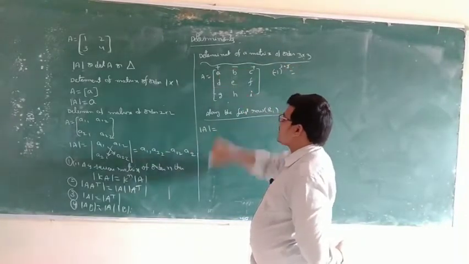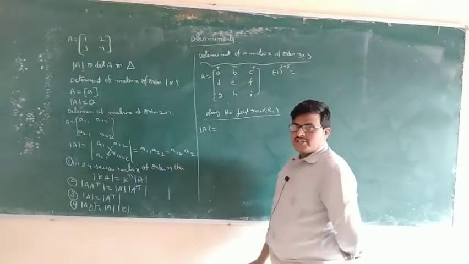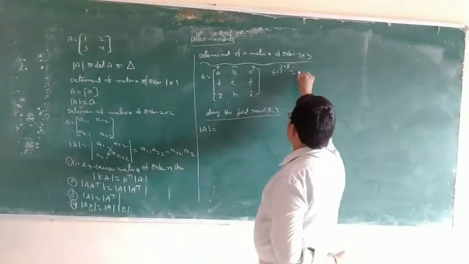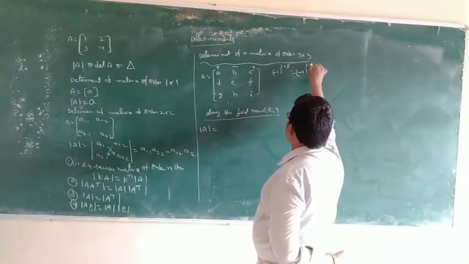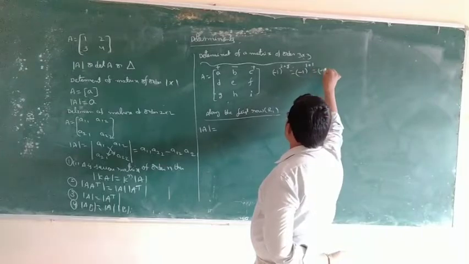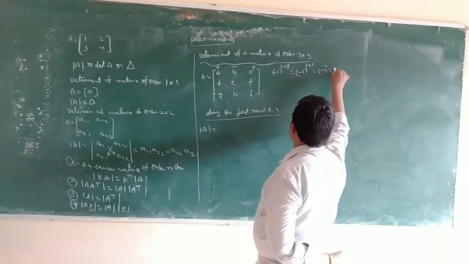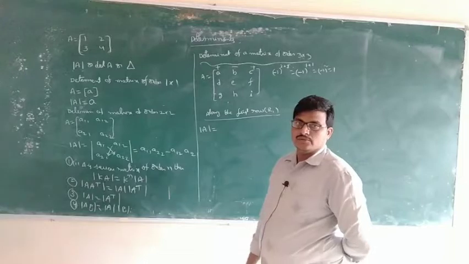The first element's position is first row, first column, meaning 1 plus 1. (-1) squared is 1, so it is a plus value.